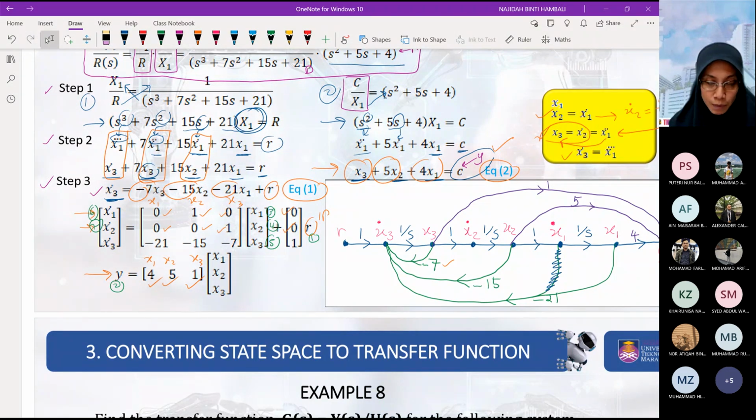The arrangement for the state space equation for this one is phase variable form, meaning that the bottom row of the matrix A is the same as the coefficient of the denominator of the transfer function in reverse order. That's why feedback and negative value. So you kena letak sekali negative value, because in reverse order tadi, you kena jadikan dia feedback.